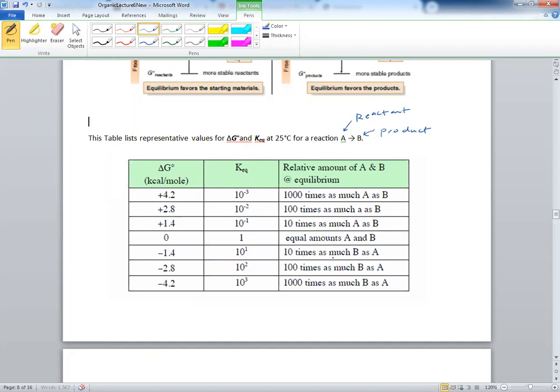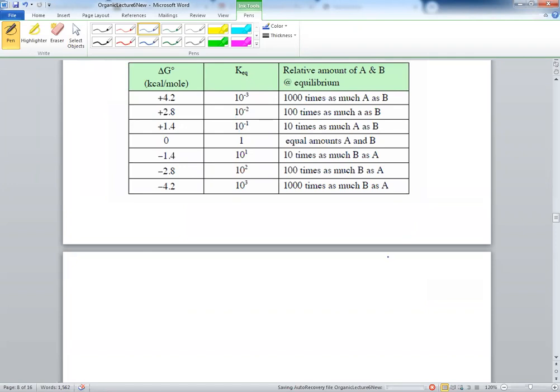Now it's 10 times as much B as A, all the way to, again, where you see delta G is plus 4.2, the complete opposite of this. KQ is very small, less than 1, 10 to the negative third is 0.001, 1/1,000th. That would be 1,000 times as much A reactant as B. This requires time, so take a minute, absorb what this information is trying to tell you, and then, of course, we can go over that when we meet.